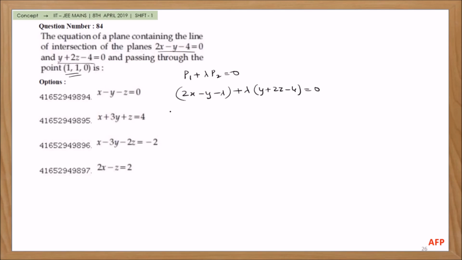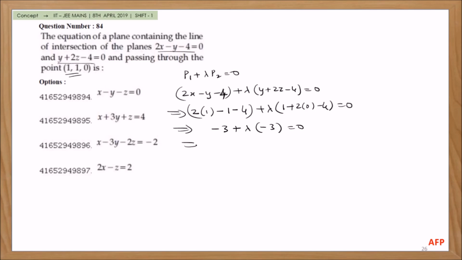Substitute this point. If you substitute this point, what are you getting? 2 into x, which is minus 4, plus lambda into y, which is 1, plus 2 into 0 minus 4 is 1. So this implies minus 3 plus lambda into minus 3 is equal to 0, which is nothing but lambda is equal to minus 1.